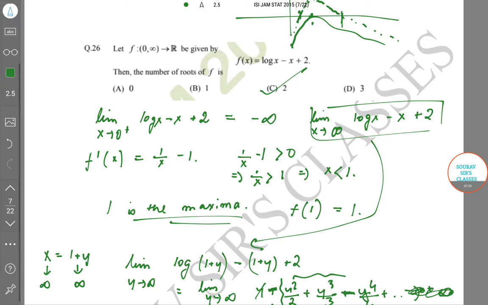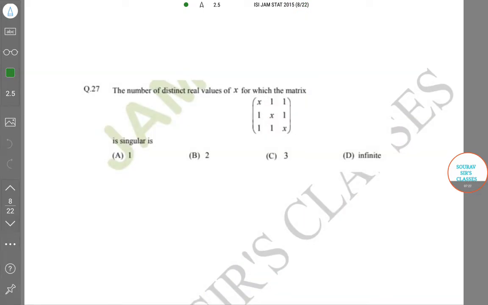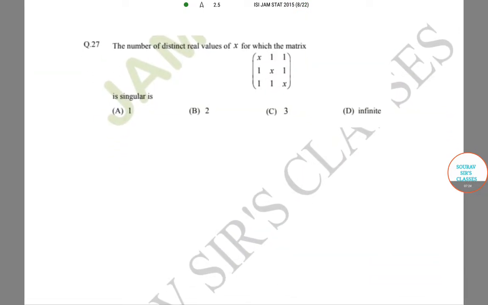Now we will move on to the next question. The number of distinct real values of x for which the matrix with rows (x, 1, 1), (1, x, 1), (1, 1, x) is singular is: now, the way we go about doing this problem is calculating the characteristic polynomial.